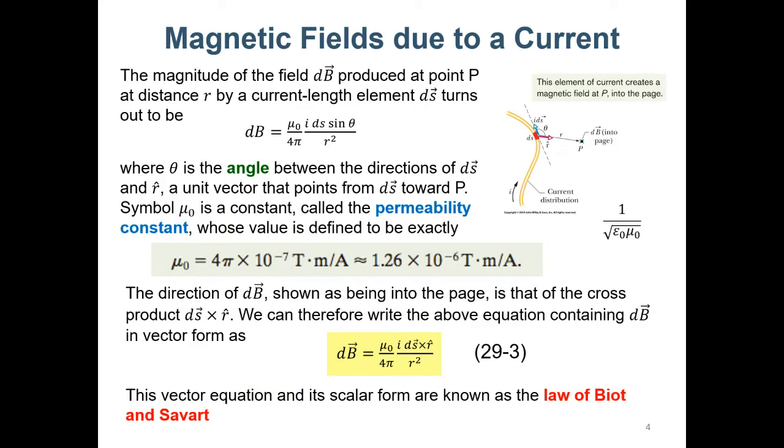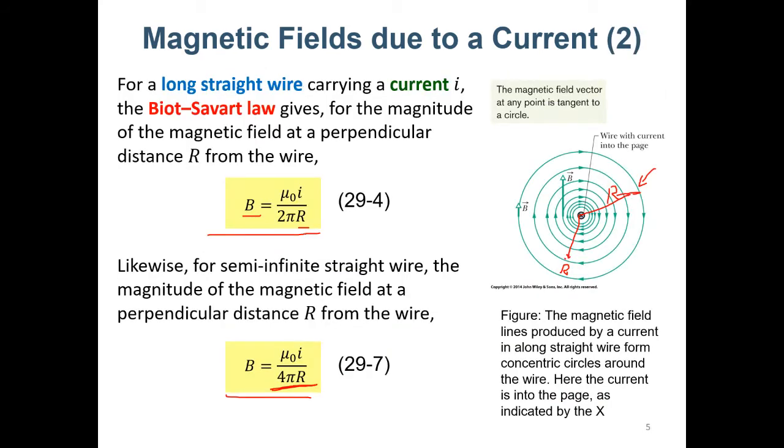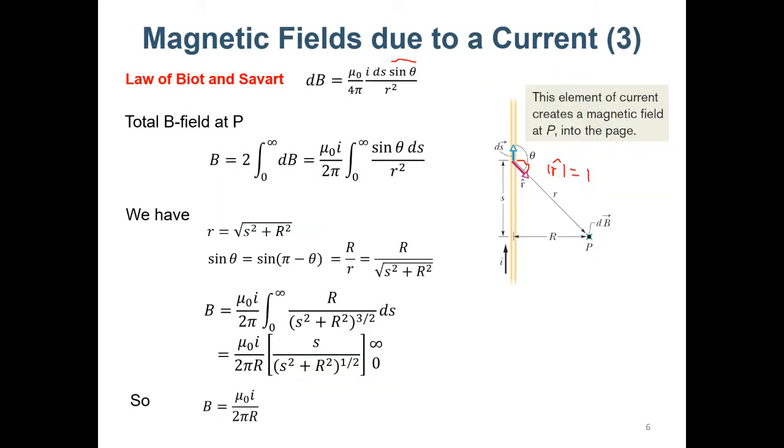Here we have a cross product, so we need to consider sine theta. Theta is the angle between ds and r hat, or r. Using the Pythagorean theorem, we know that r is the square root of s squared plus R squared.